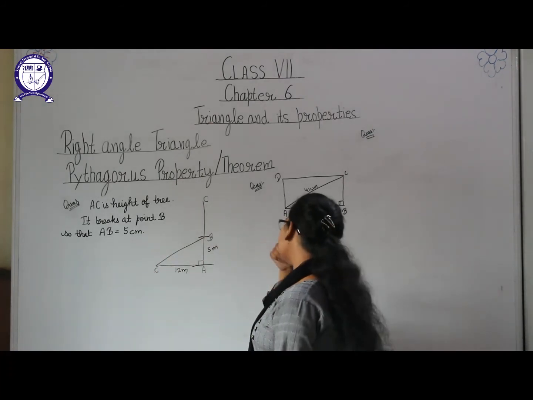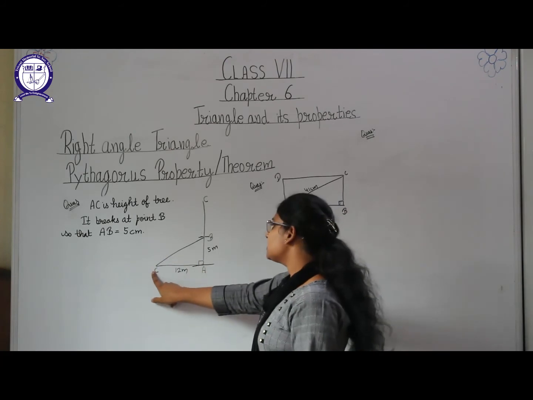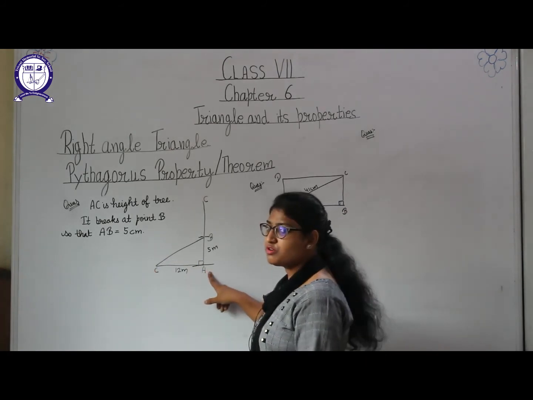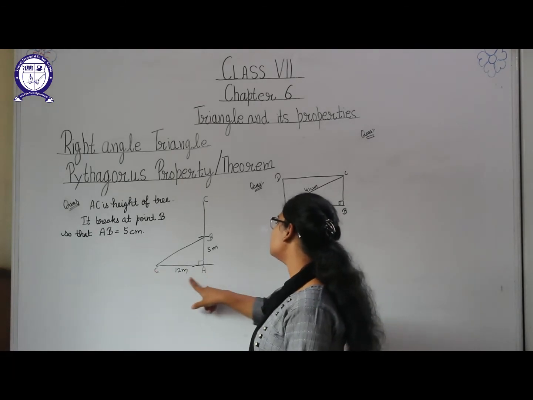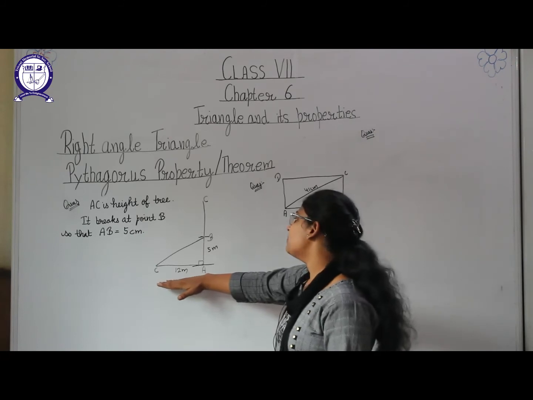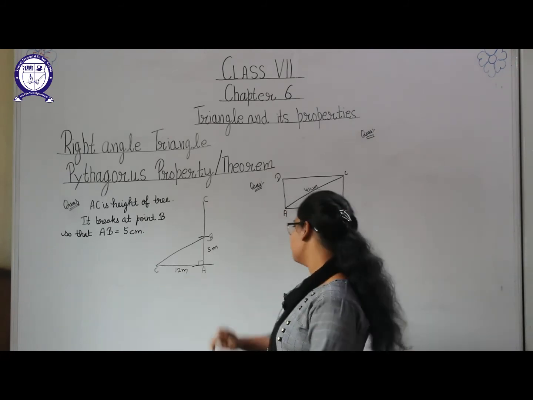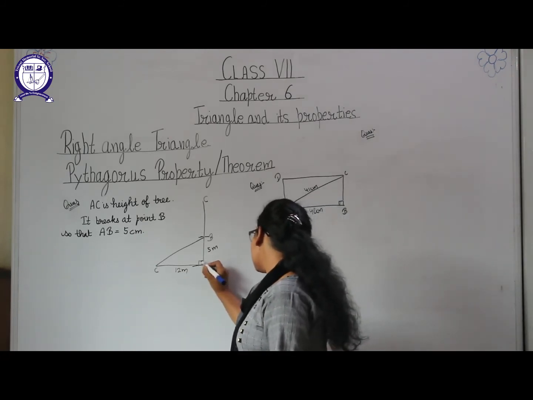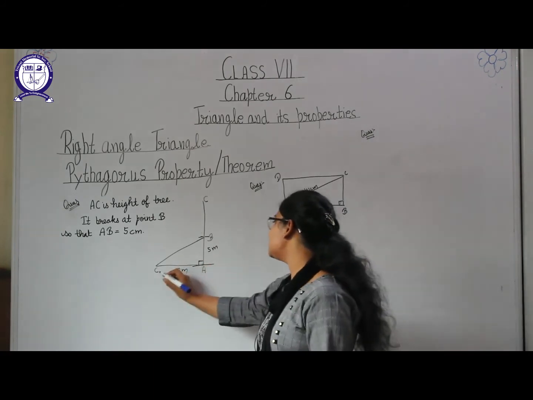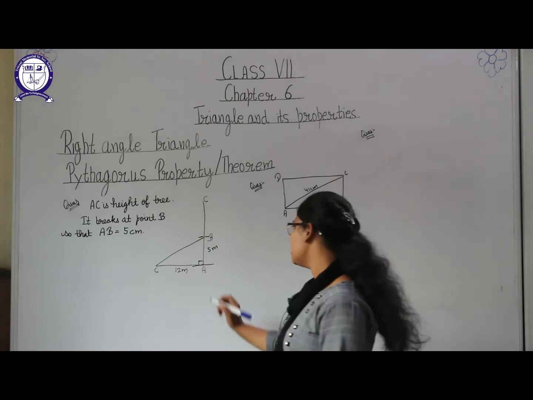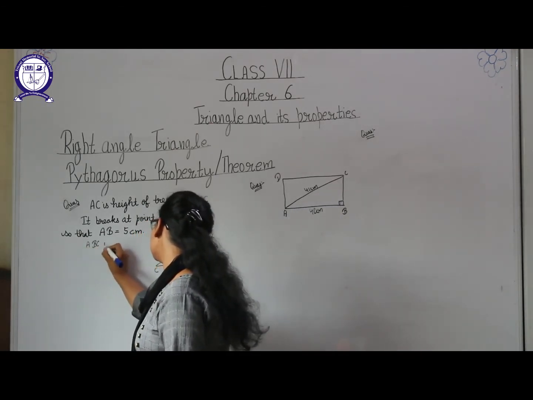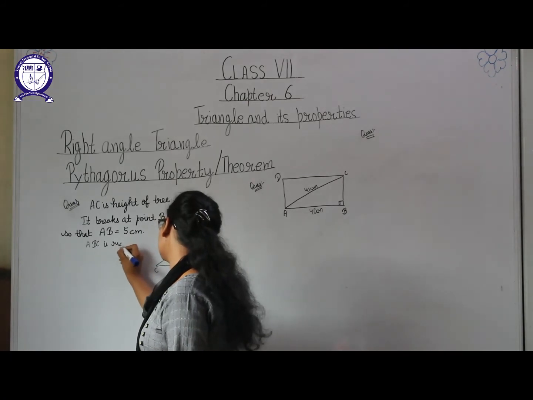It is given that the distance from the base of the tree to this point is 12 meters. So here the base is 12 meters. Students, this is a 90-degree angle, so this triangle ABC is a right angle triangle. So we will write that ABC is a right triangle.